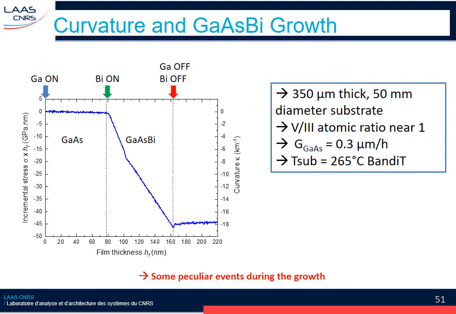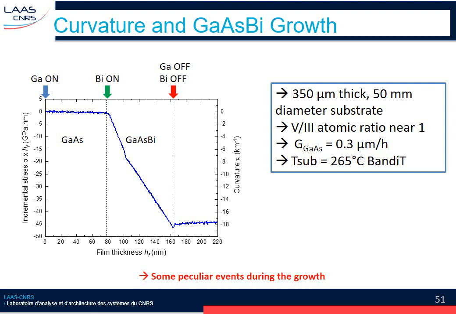And you see here what you can observe while you grow a layer of gallium arsenide bismuth on top of gallium arsenide, on a standard 2-inch wafer. You can see here the curvature, or incremental stress, as a function of film thickness. When you grow gallium arsenide on gallium arsenide, there is no change in lattice parameter, so the curvature is not changing.